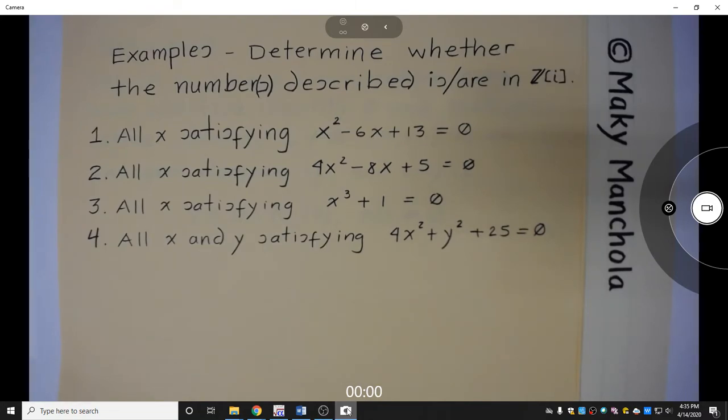Number 2, all x satisfying 4x squared minus 8x plus 5 equals 0. Number 3, all x satisfying x cubed plus 1 equals 0. 4, all x and y satisfying 4x squared plus y squared plus 25 equals 0.